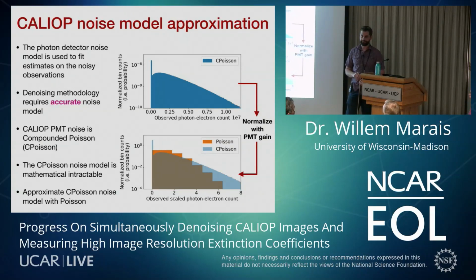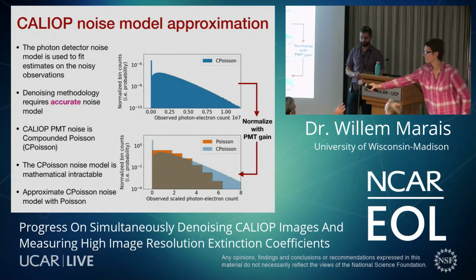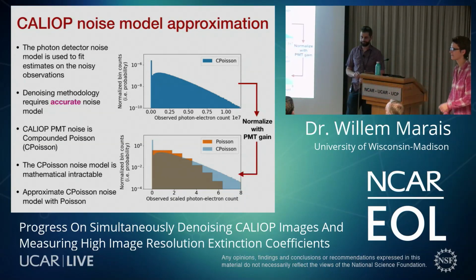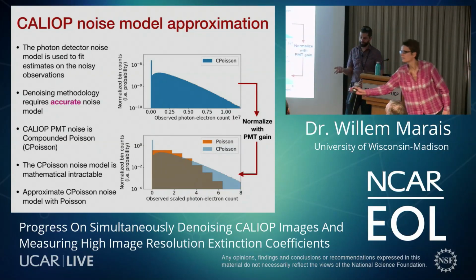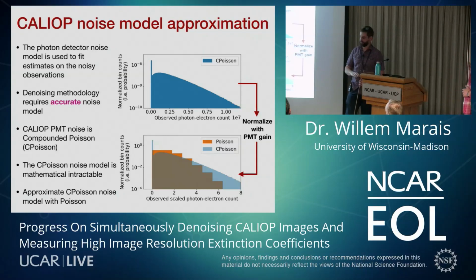Other questions? For the HSRL, how different is the noise model? For what Matt Hayman and Scott Spuler have, they have a photon counting system, so the noise is Poisson, which is well defined, which is different from this.